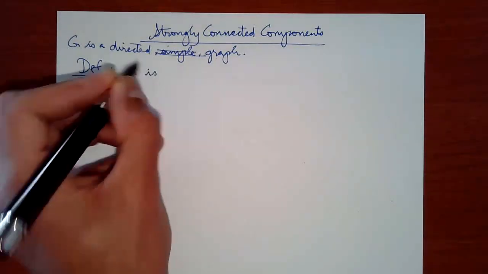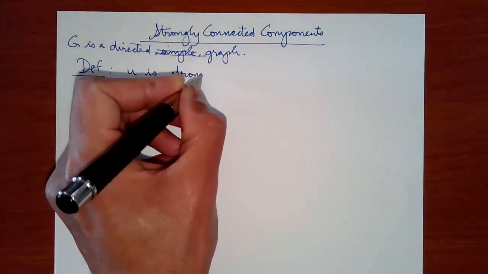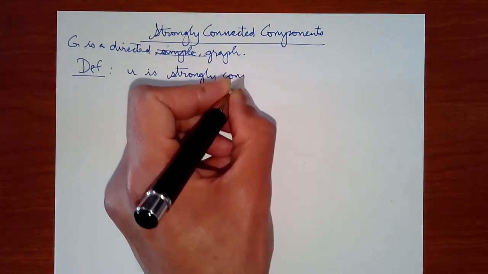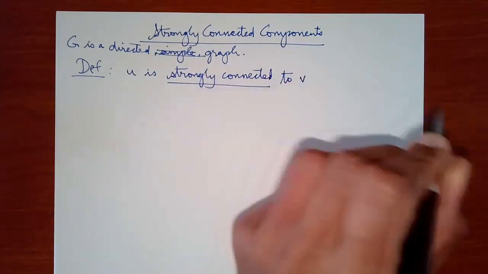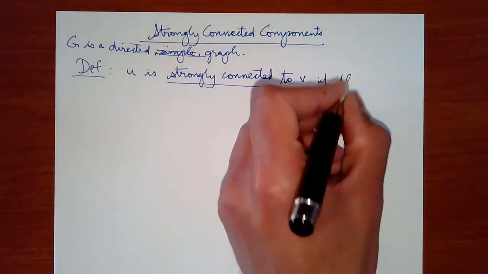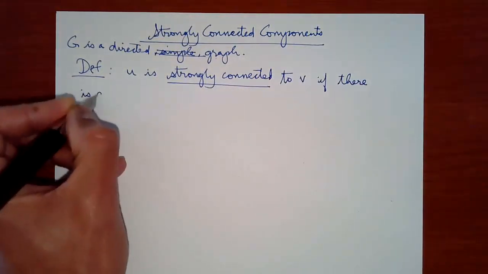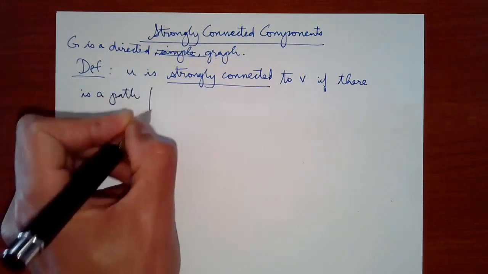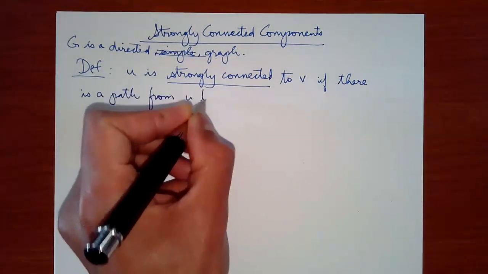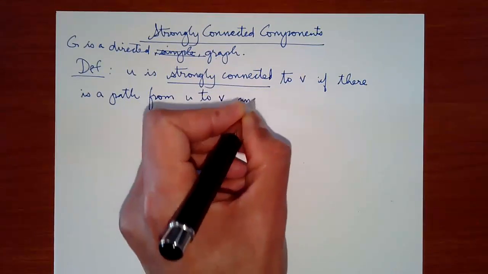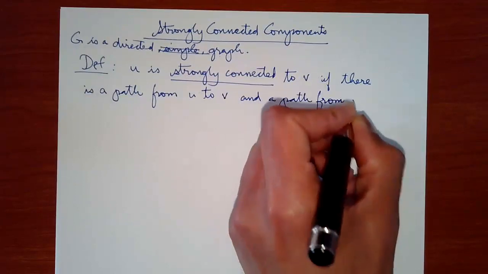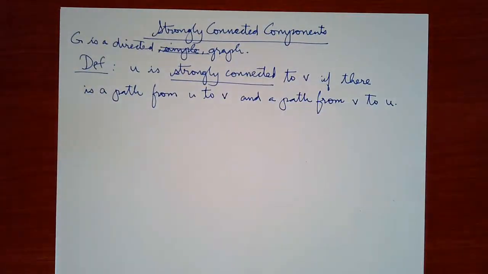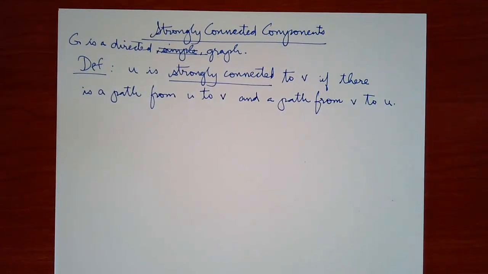So I'll say U is strongly connected to V if there is a path from U to V and a path from V to U. So note that in a directed graph, the notion of being connected is asymmetric, right?